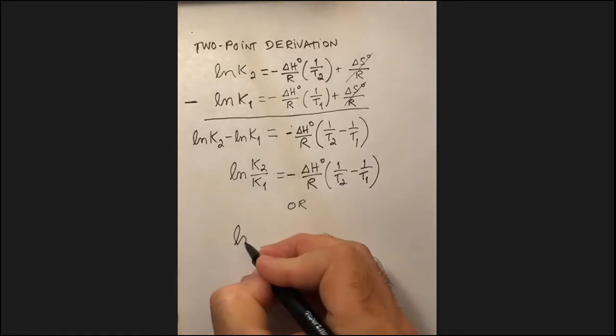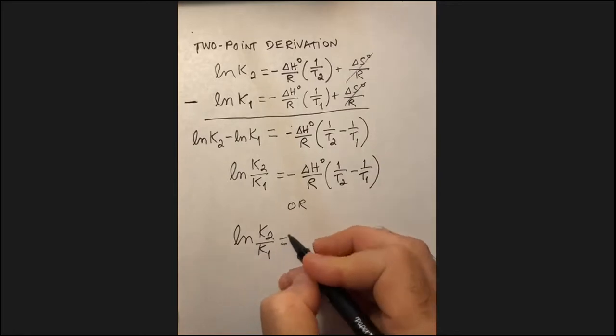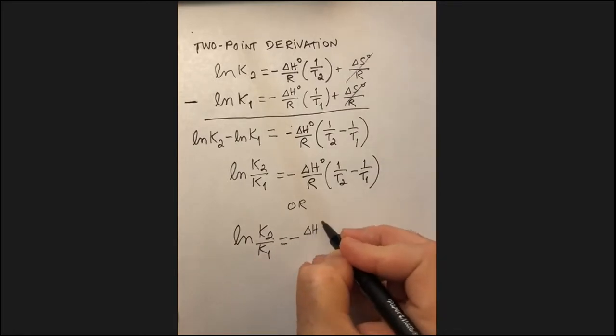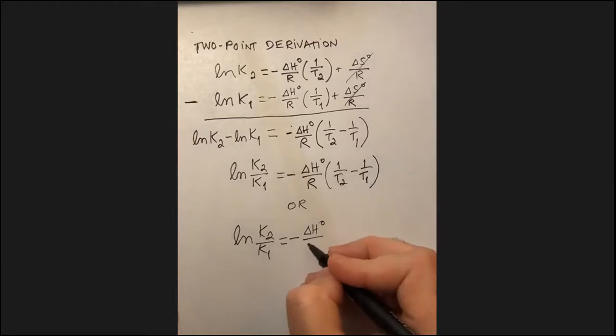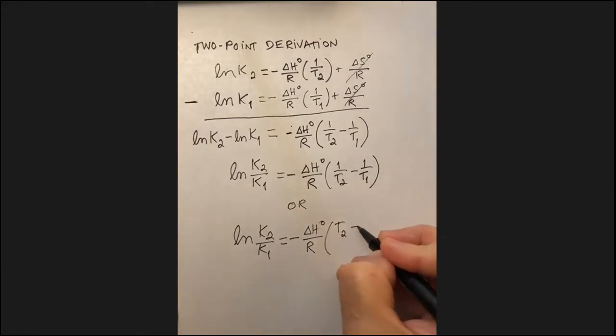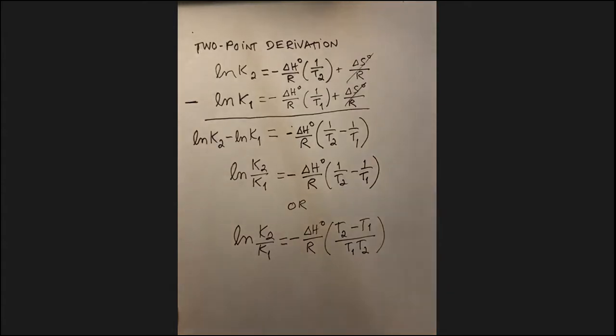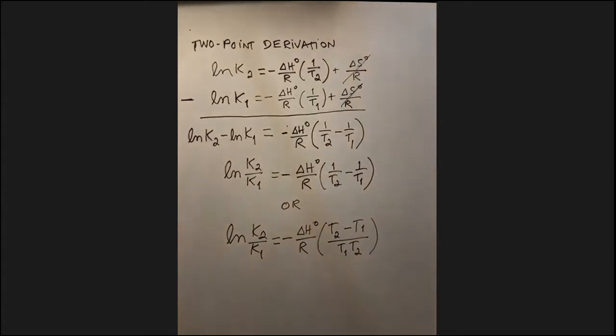So this is another way of writing it. Log of K2 over K1 equals minus the delta H standard over R, and then you can put it as T2 minus T1 over T1 times T2. So either of those two expressions will work for us to do some kind of calculations.